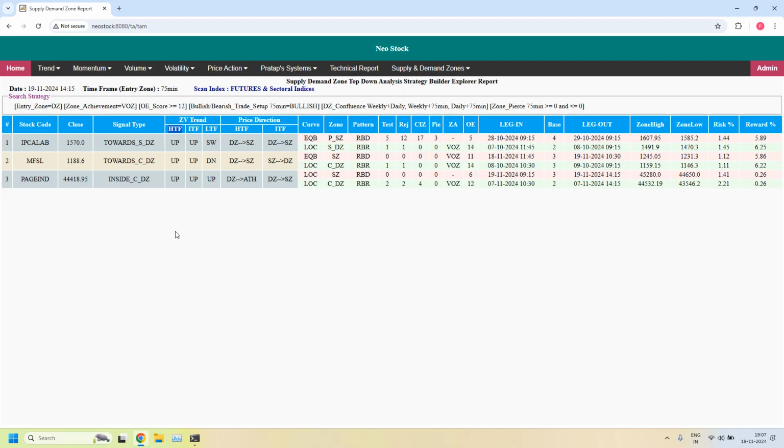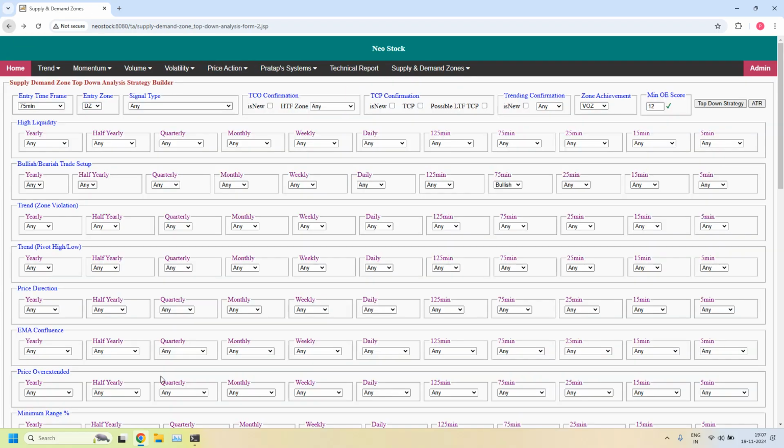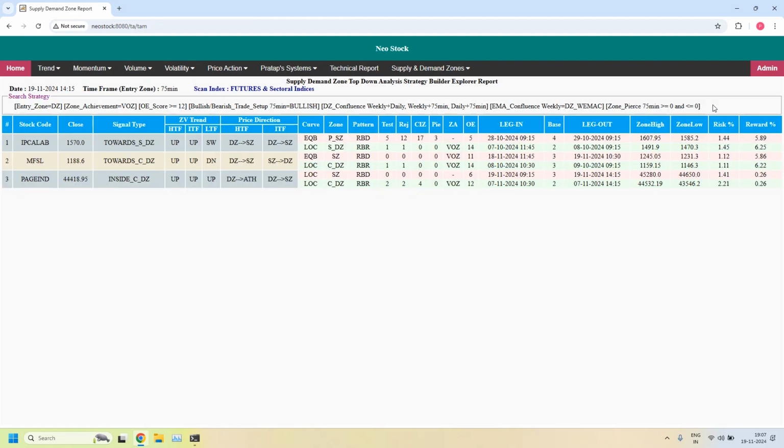Why weekly zone? Because 75 and daily together are part of the weekly zone. That's why we are focusing on weekly EMA confluence. So in the EMA confluence, weekly time frame, weekly demand zone having weekly EMA confluence filter is enabled. With this filter, we got all the 3 stocks.